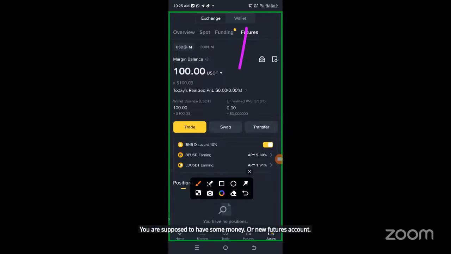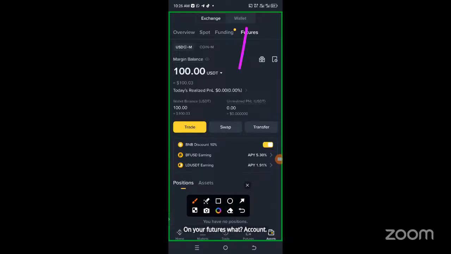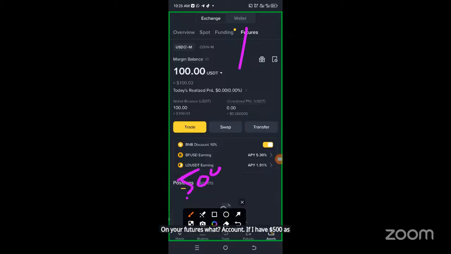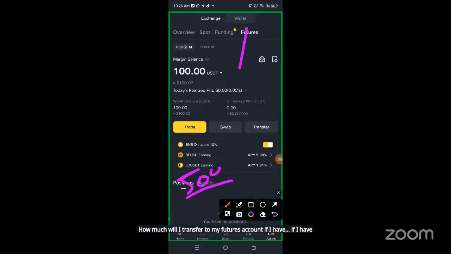If I have $500 as my total capital on Binance, how much am I going to transfer to my futures account?